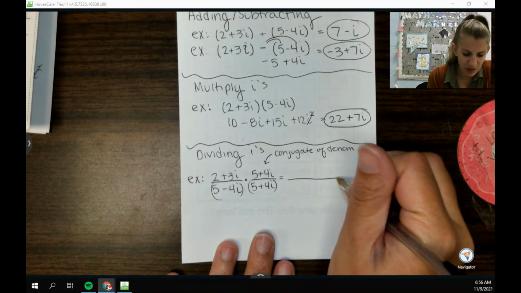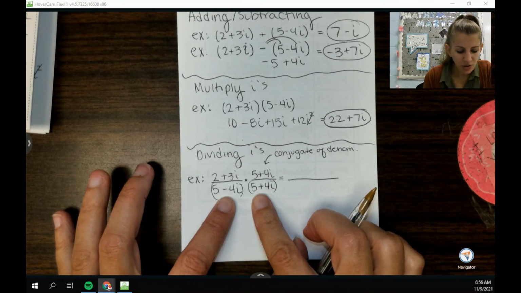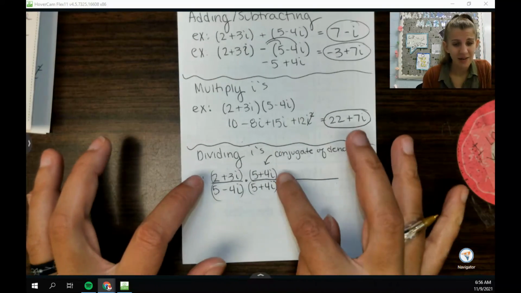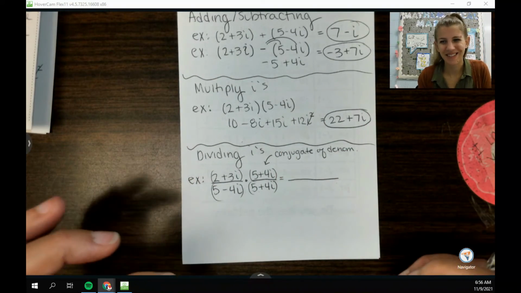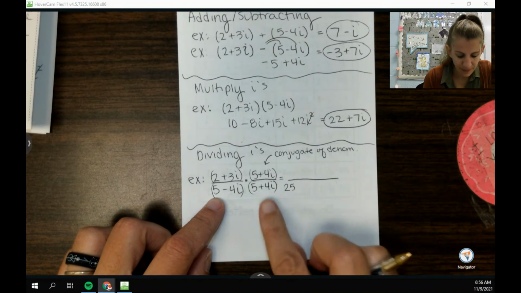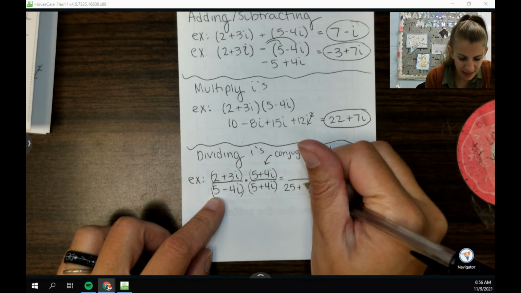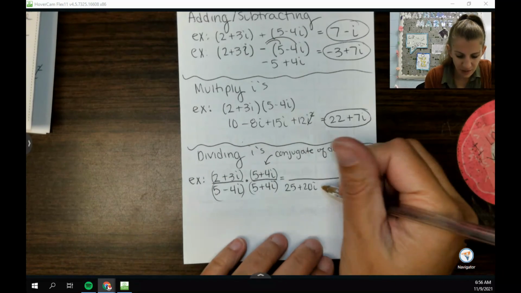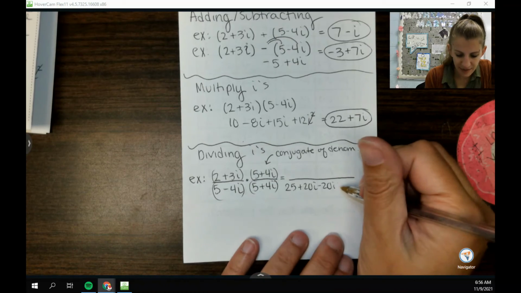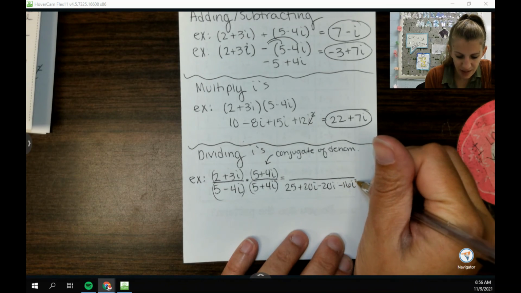So like if we think about multiplying the denominator first, because we also have to multiply the numerator and we kind of have to FOIL both, so it's kind of a lot. But we'll do first times first, that's 25. Then we'll have 20i, then negative 20i, then negative 16i squared.